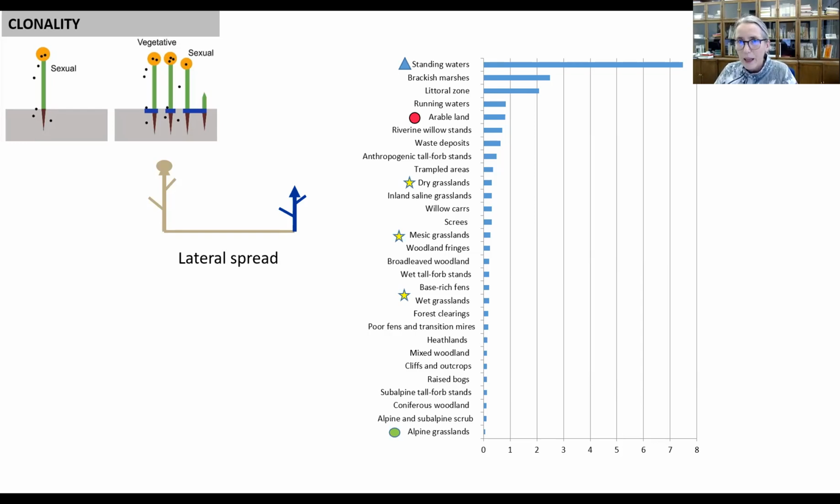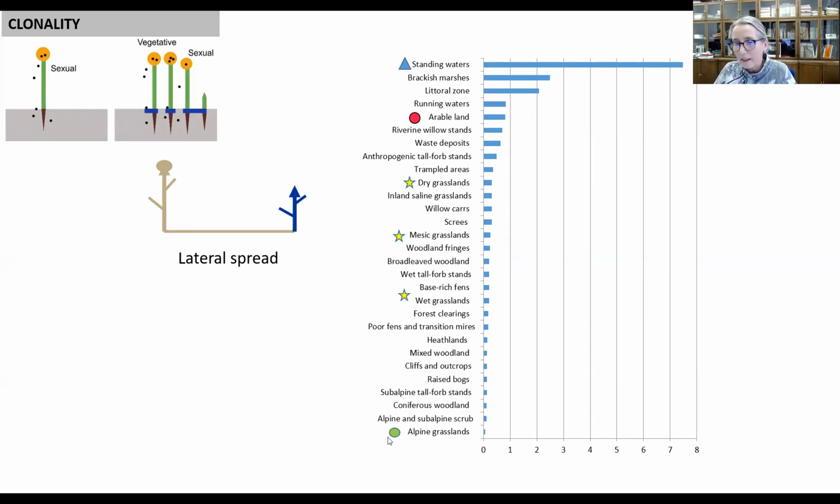Arable lands, which had a very low number of clonal plants, have clonal plants characterized by high lateral spread. And we can see even dry grasslands, which have fewer clonal plants than wet grasslands, have higher lateral spread than wet grassland.